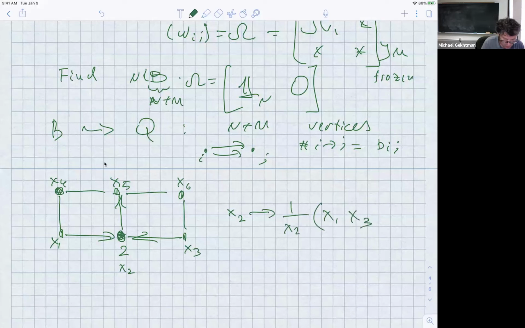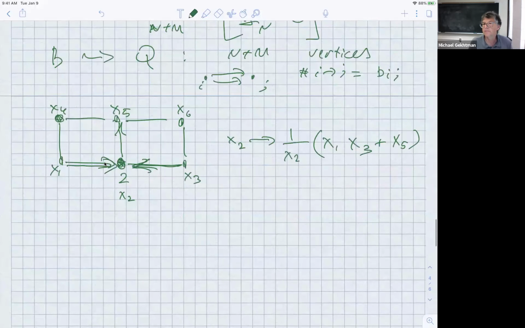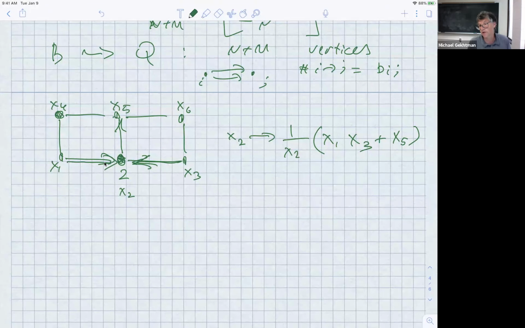So we see that arrows from x1 and x3 are pointing towards x2, plus there is one arrow away from x2 plus x5. All right? So that's a transformation. That's a cluster transformation.